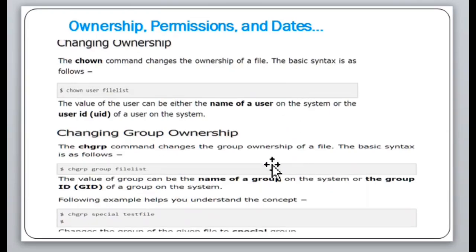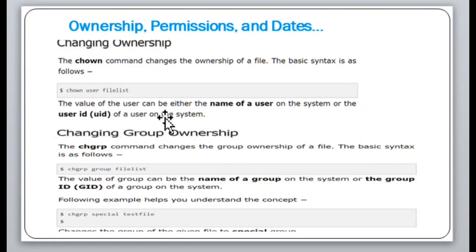So we can see in our example here, the chown command changes the ownership of a file, and the basic syntax is as follows. So chown, space, the user that we're going to be changing ownership for, and the file itself. Okay, so filelist will have its owner changed to user.